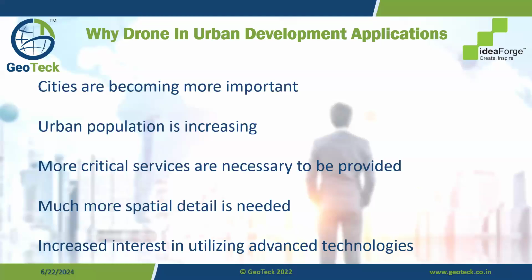Consequently, there is an increased interest in utilizing advanced information and communication technologies, robotics, and smart solutions in city developments. So combining all these things, UAVs are becoming more popular for urban development applications integrated with GIS and remote sensing.